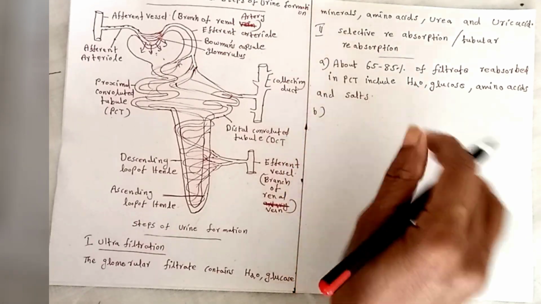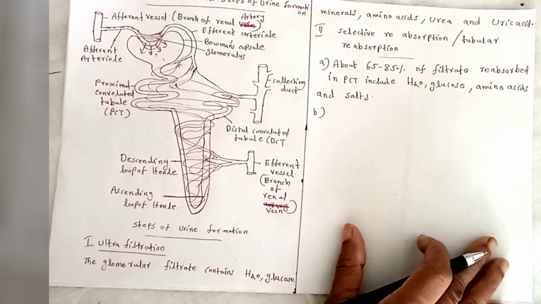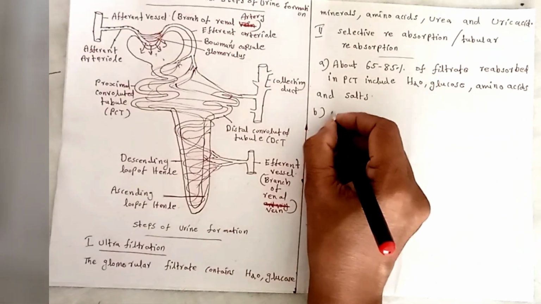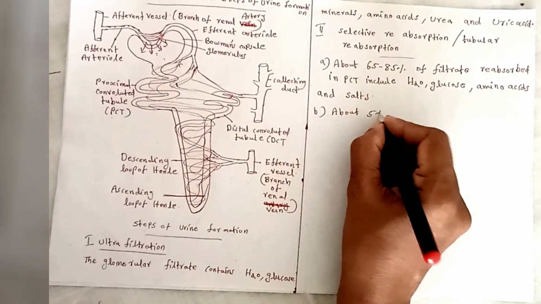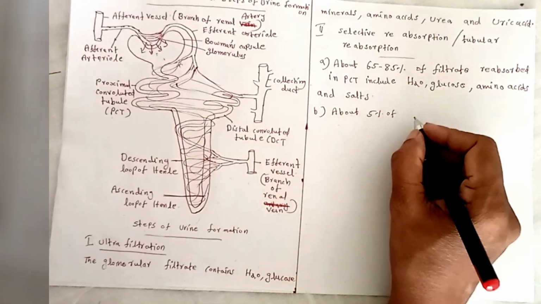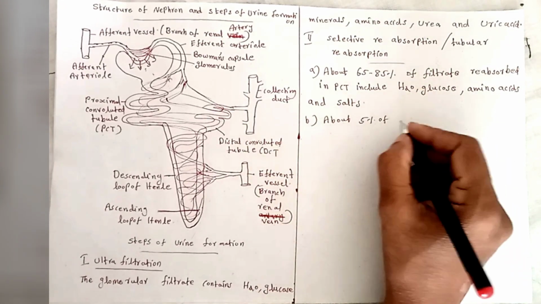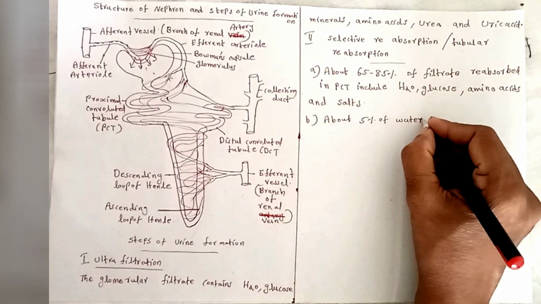Second, about 5% of water is reabsorbed in the descending limb. This is the descending limb. About 5% of water reabsorbed.